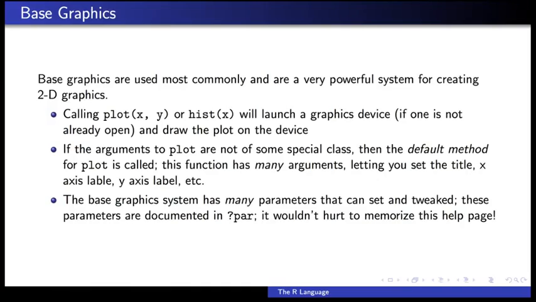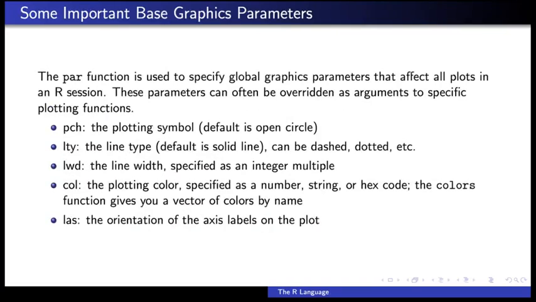As I say here, it wouldn't help to memorize this help page if you're going to be doing a lot of plotting. So the par function is used to specify global graphics parameters, so anything that you set in the par function will affect all plots that you make in a single R session. So if you specify an option to the plot function, that will affect that plot, but it won't affect, say, the next plot if you specify a different option.